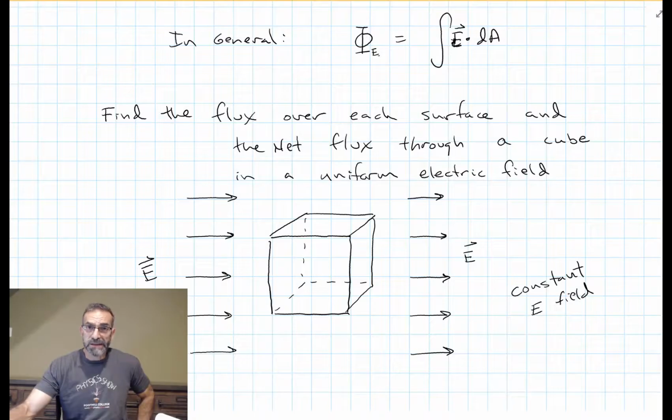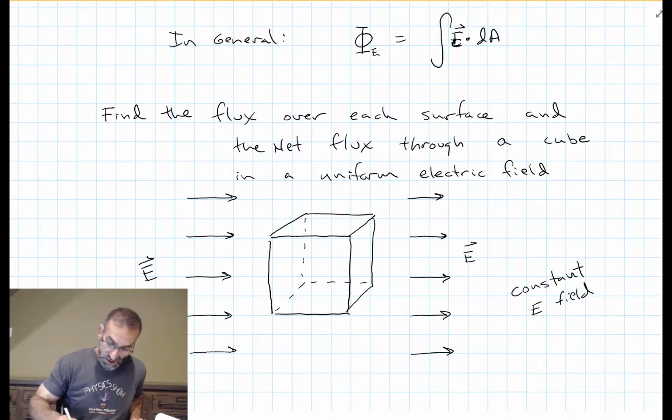Let's do this little exercise. Find the flux through each surface and the net flux through the cube for a cube sitting in a uniform electric field. So let's number the surfaces. I'll call the one back there 1.